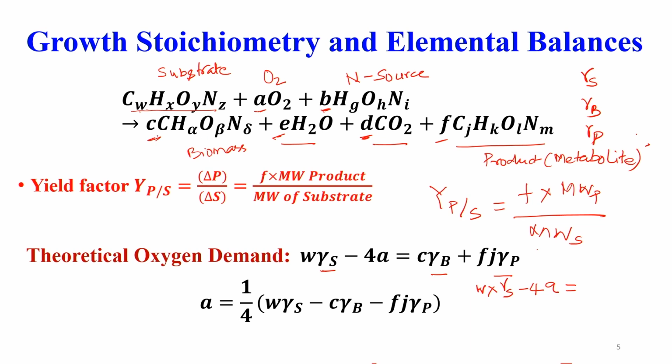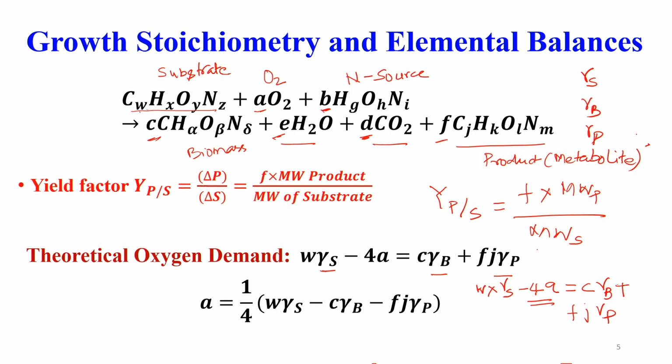For biomass this will be C into the degree of reduction of biomass, C gamma B. For water the degree of reduction is 0, carbon dioxide is 0, and for the product the degree of reduction is gamma P, so this will be plus F J gamma P. From this equation it is also possible to calculate the oxygen demand. The value of the stoichiometric coefficient of oxygen is A.